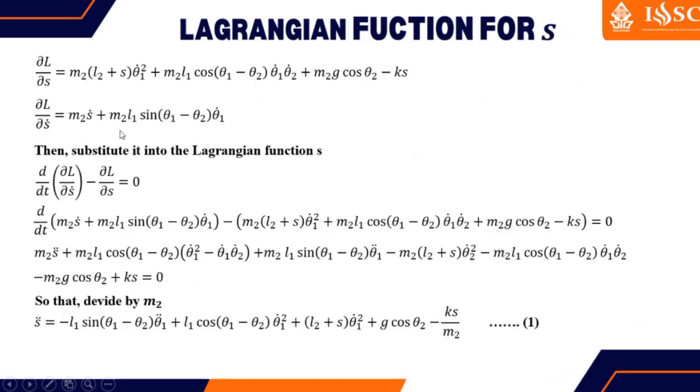First, applying the Lagrangian function to the spring length S. We differentiate L with respect to S to obtain an equation, and differentiate L with respect to S dot for the next. Then substitute in the Lagrangian function.